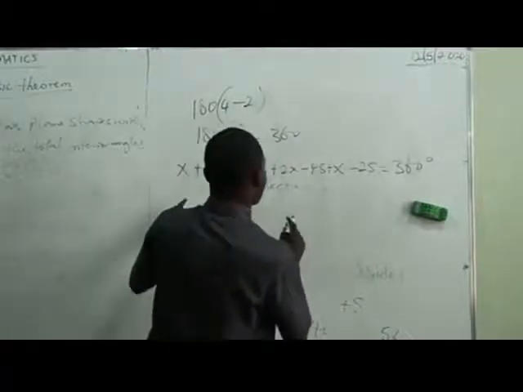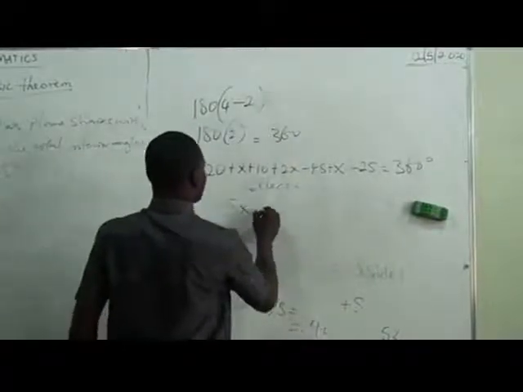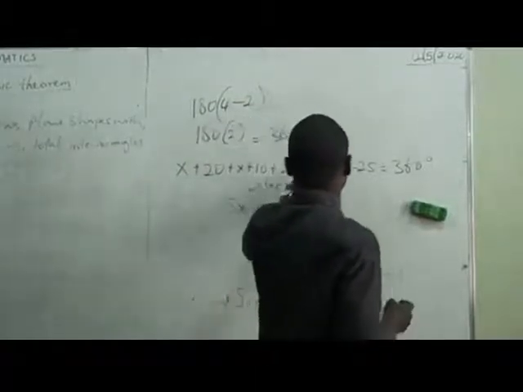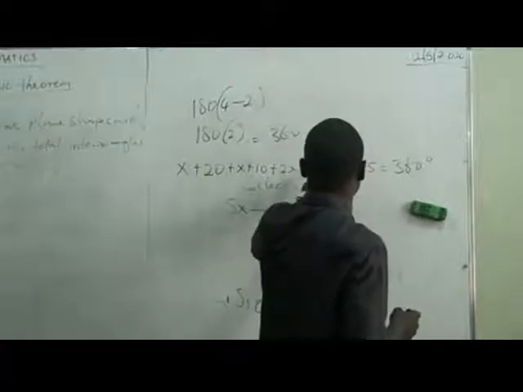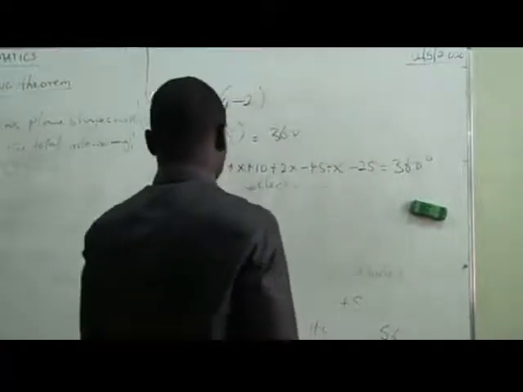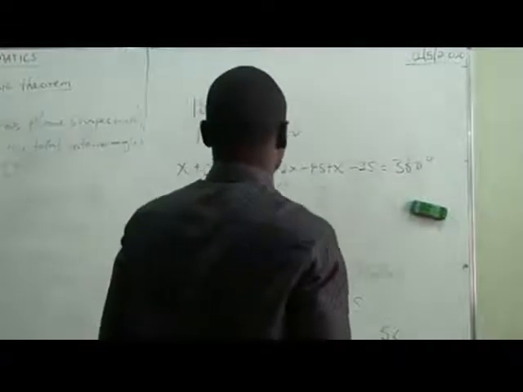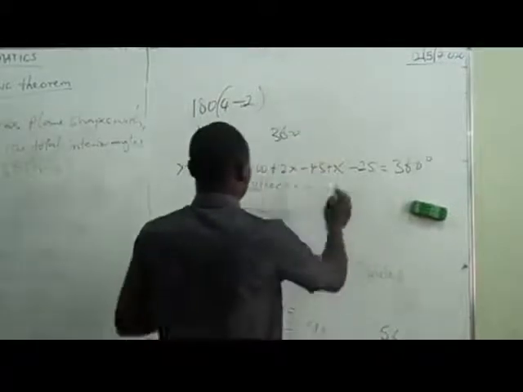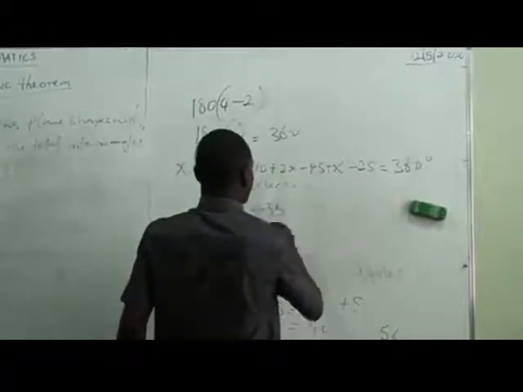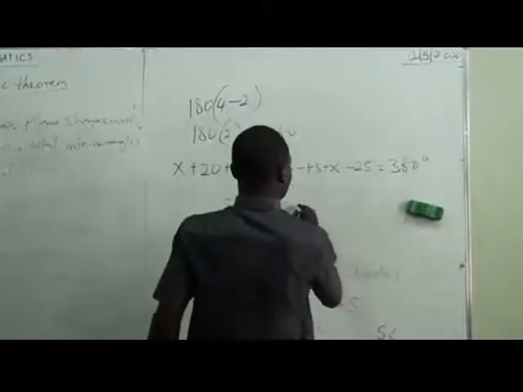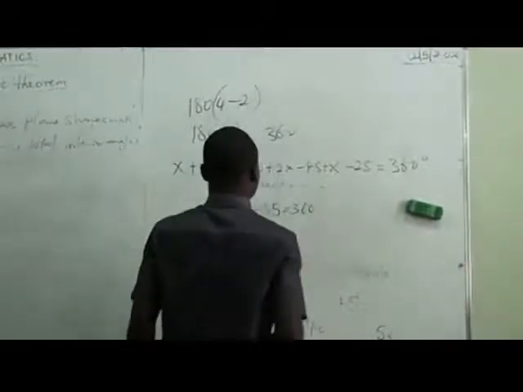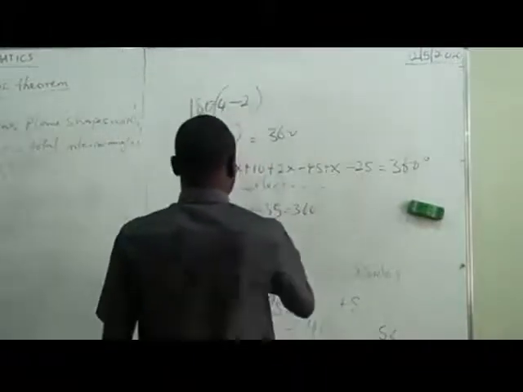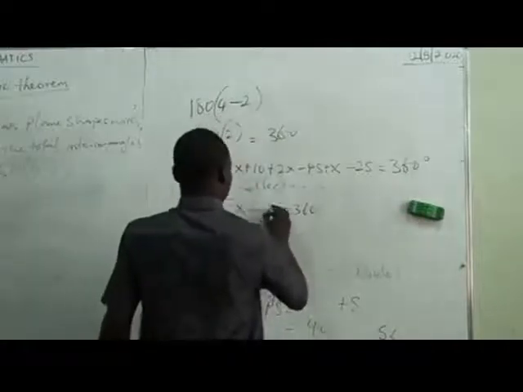In collection of like terms, you see that x plus this, 2x plus this, now gives you what? 5x. 5x minus, now you calculate 20 plus 10 will give you 30. 30 minus 45 will give you minus 15. Minus 15 minus 25 gives minus 40.